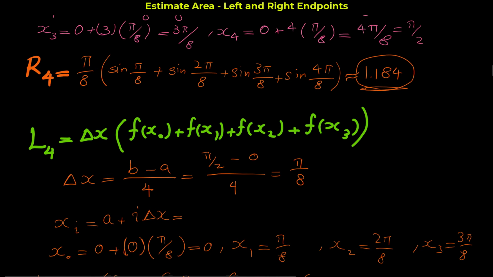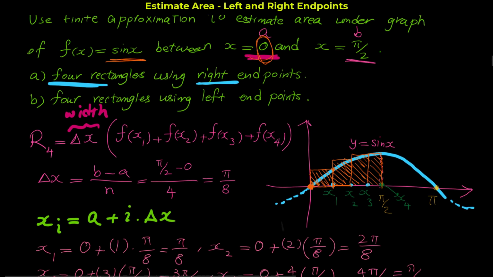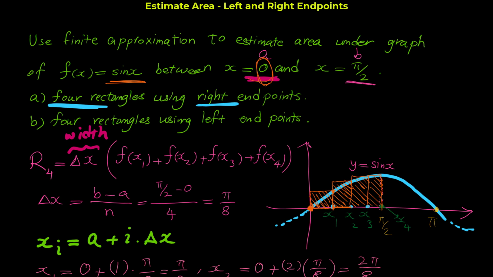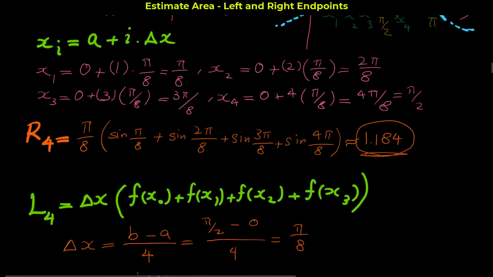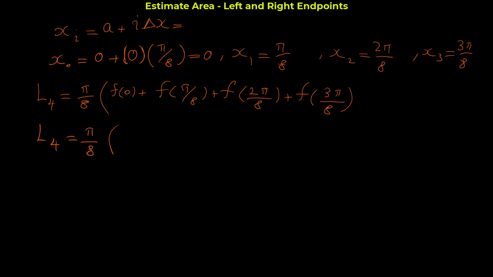If you plug in 0 in the given function, which is sine of x, it's sine of 0, and sine of 0 is 0. So basically we have sine of 0 plus sine of pi over 8 plus sine of 2 pi over 8 plus sine of 3 pi over 8. You need a calculator for these values.